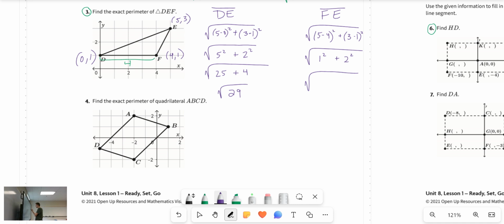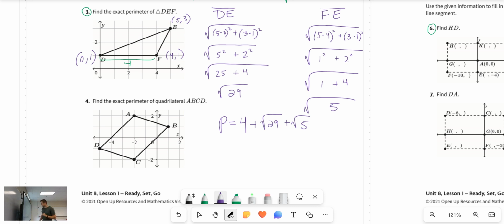Then we do our squares out, and we get 1 squared is 1 plus 2 squared is 4. So this is the square root of 5. Now finally our perimeter is going to be add them all together. So our perimeter equals 4, that was DF, plus our square root of 29 plus our square root of 5.